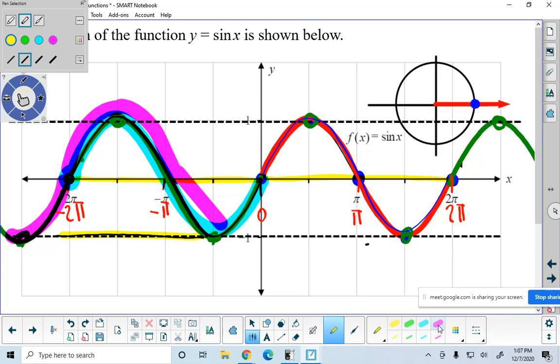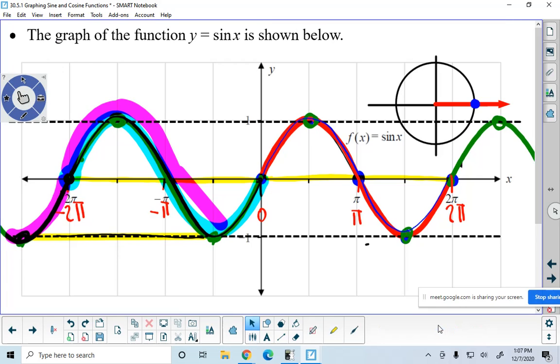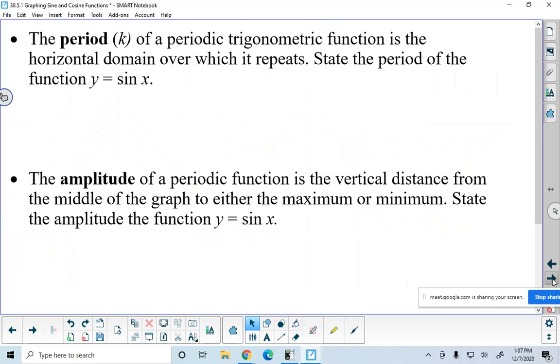Well, it's still 2 pi. That distance of 2 pi is 2 pi whether it's 2 pi from pink end to pink end, or blue end to blue end, or red end to red end. 4 pieces is 1 cycle, and it happens over 2 pi. So the period is 2 pi.